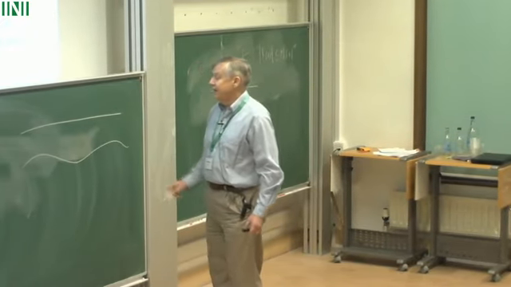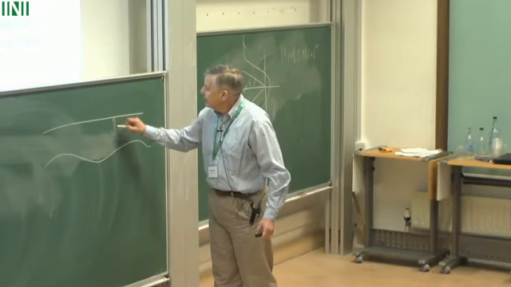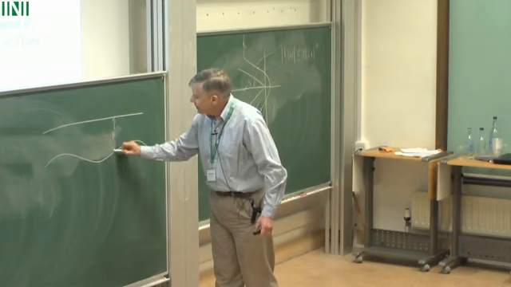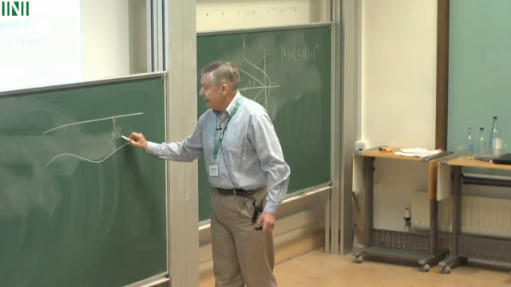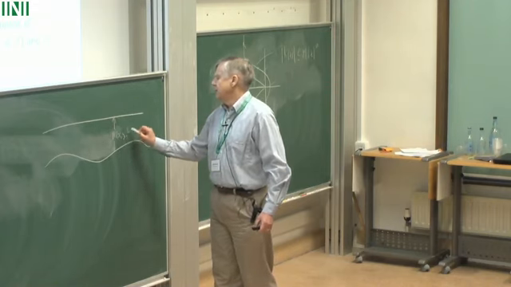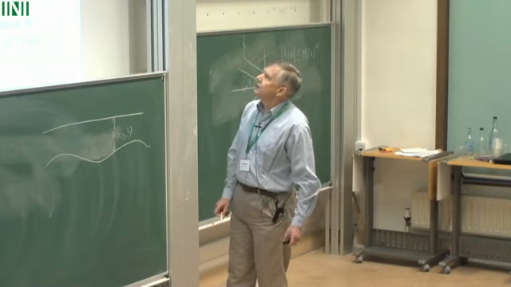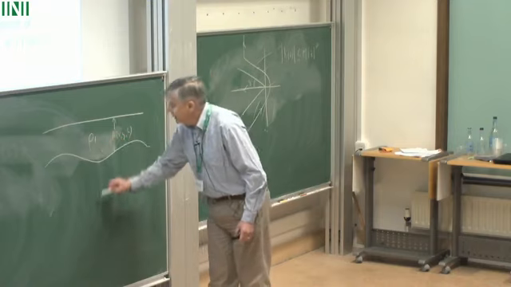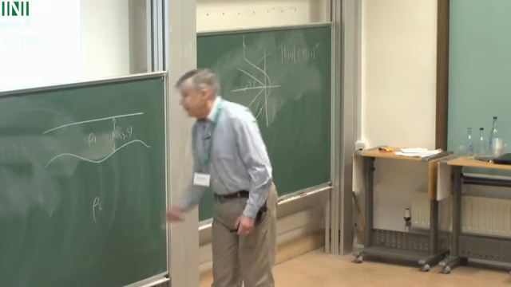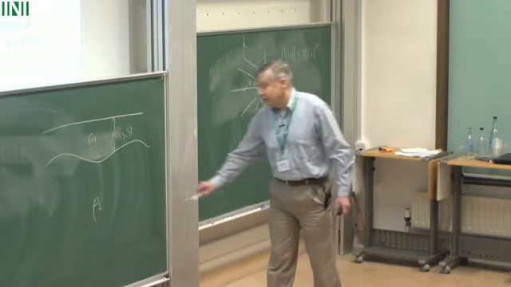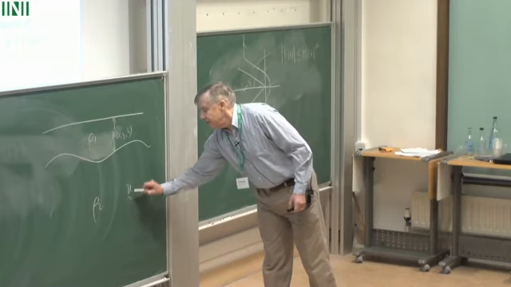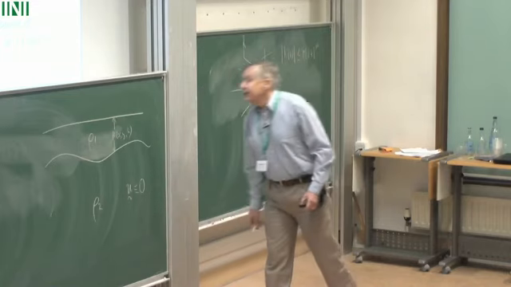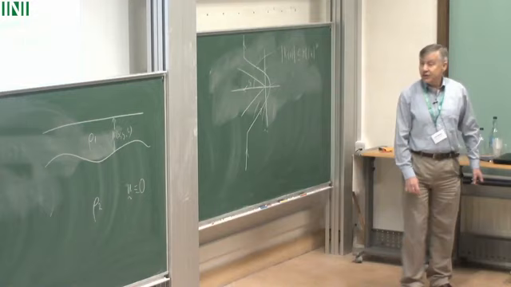There's an interface, which is down, the way it's drawn here, a depth h, which is a function of x, y, and t. And then this has got density rho 1. There's an infinitely deep layer of density rho 2. And so, because it's infinitely deep, to leading order, it's a stagnant layer.